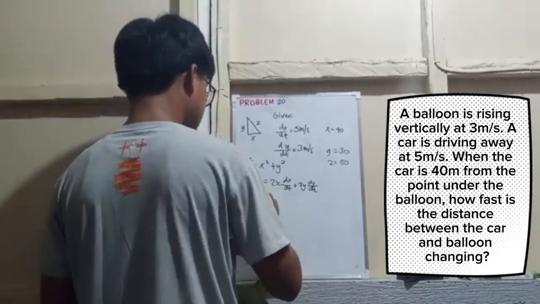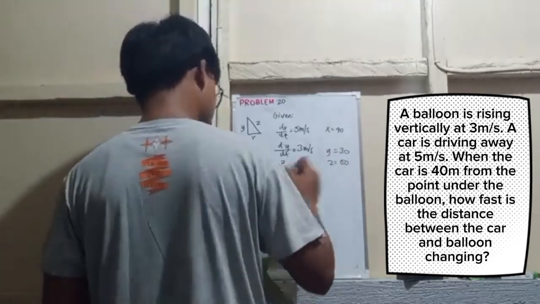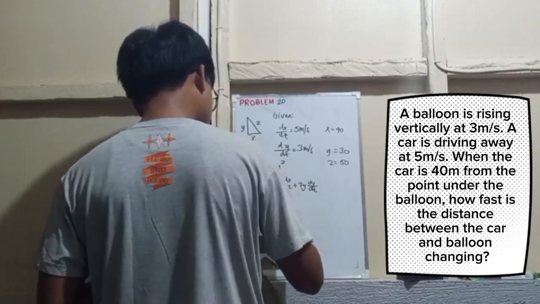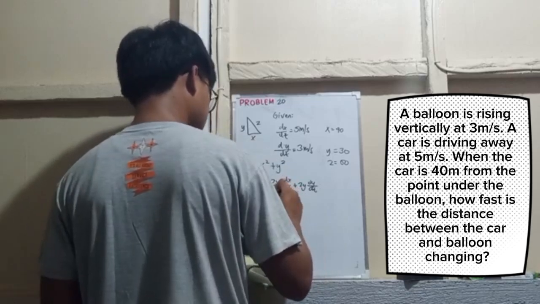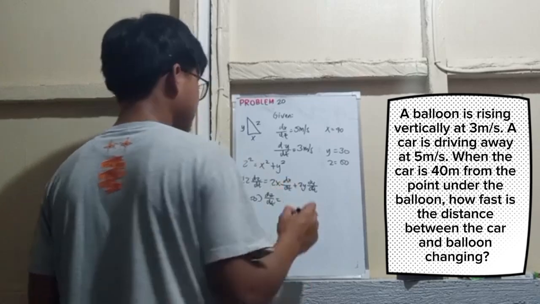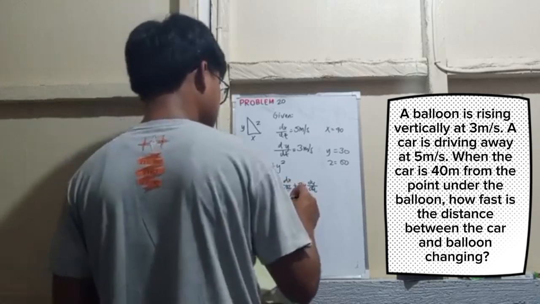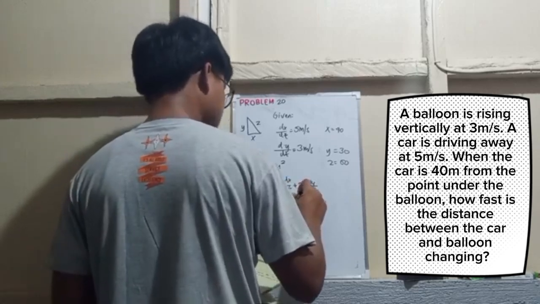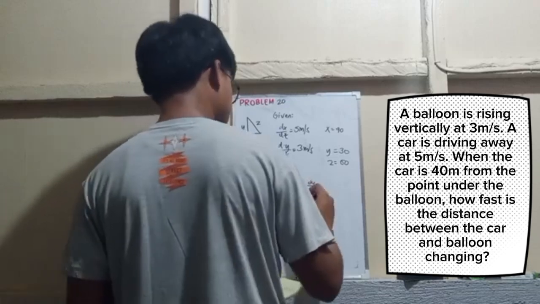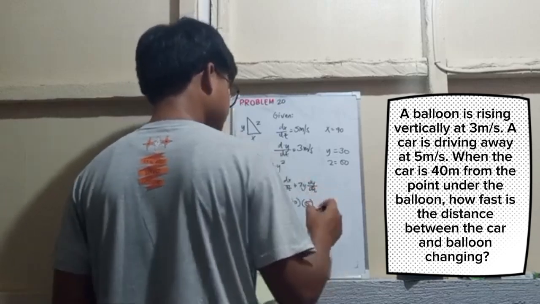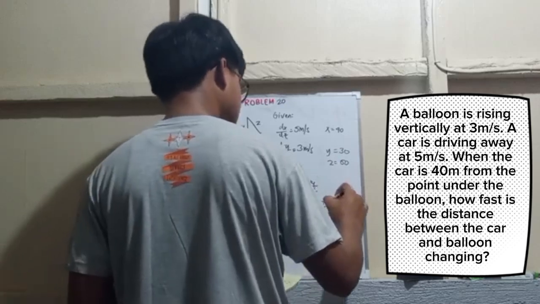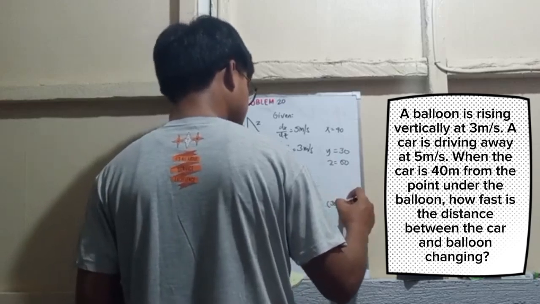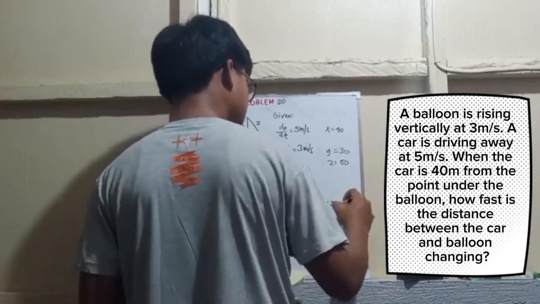So 2, then we have the z as 50 and dz/dt, copy, and our x as 40 and our dx/dt is equal to 5, plus 2, then our y is equal to 30 and our dy/dt is equal to 3.